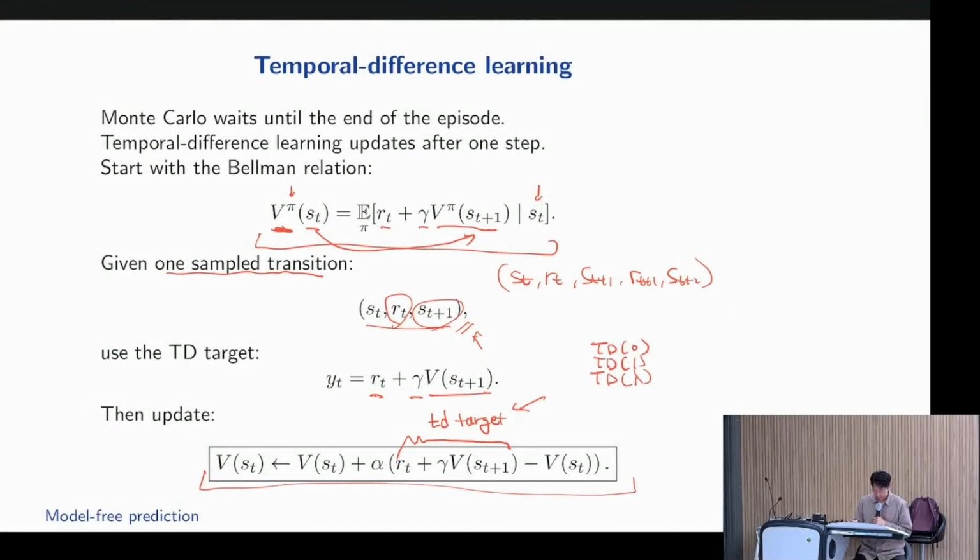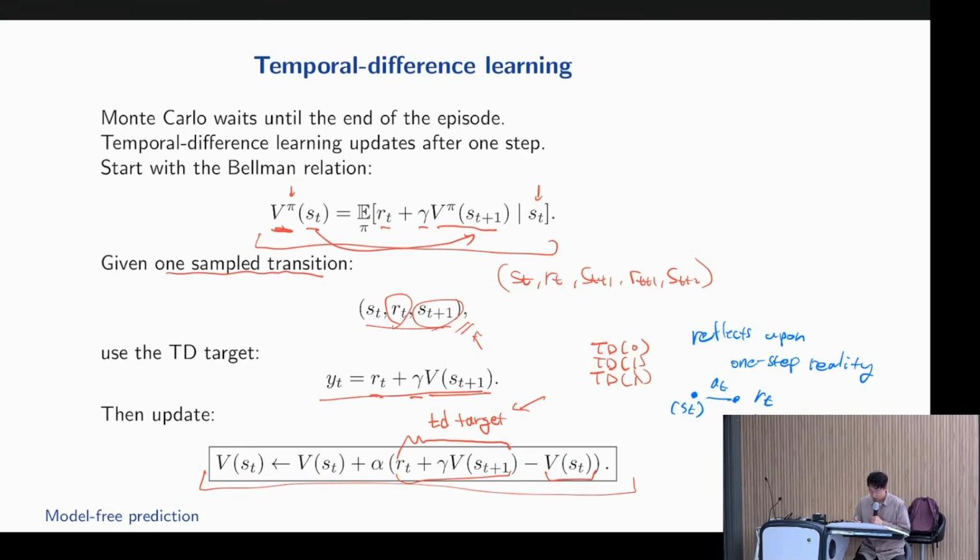So why is this a more accurate estimate than this one? It's because it reflects one step of reality. What I mean by that is we got to observe: from S_t, we executed A_t, got R_t as a reward, and transitioned to S_t+1.